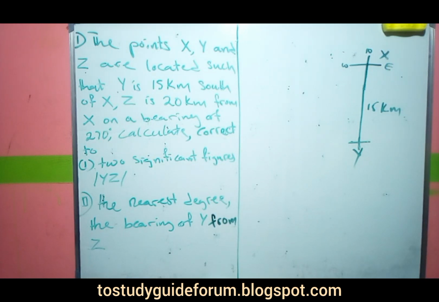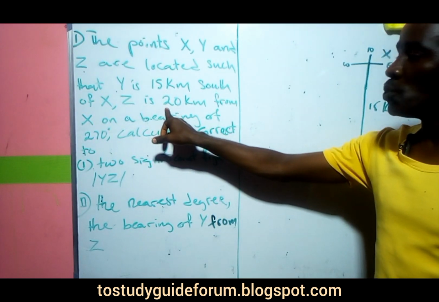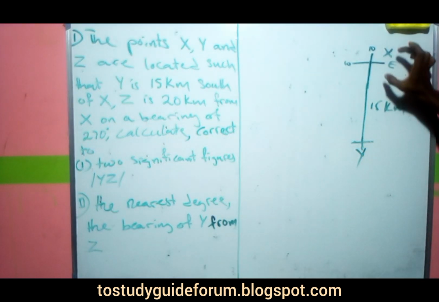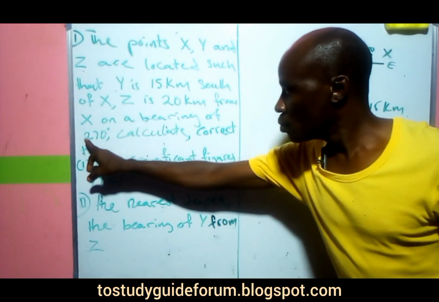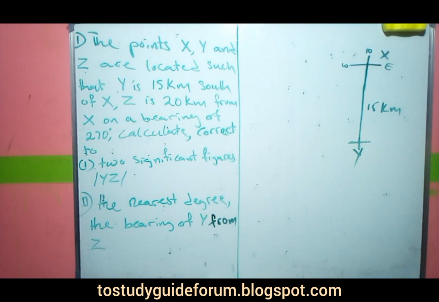Then the next one says that z is 20 kilometers from x on a bearing of 270 degrees. So wherever z is, it's on the bearing of 270 degrees from x.